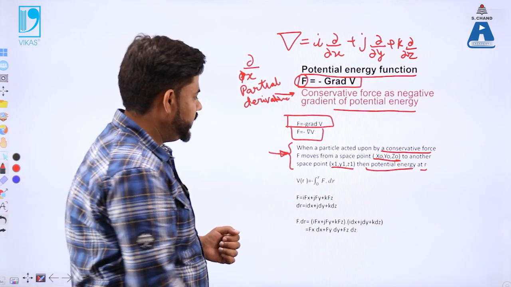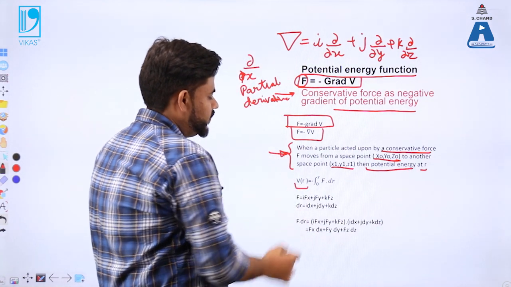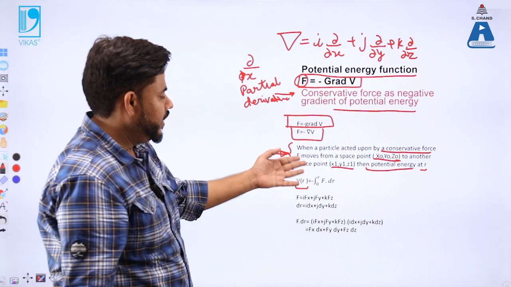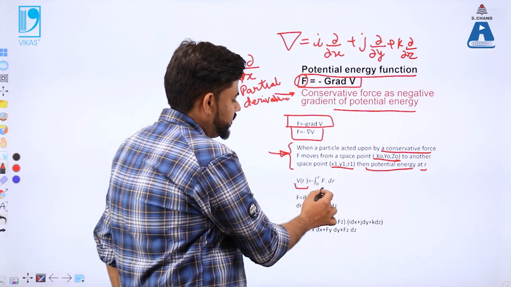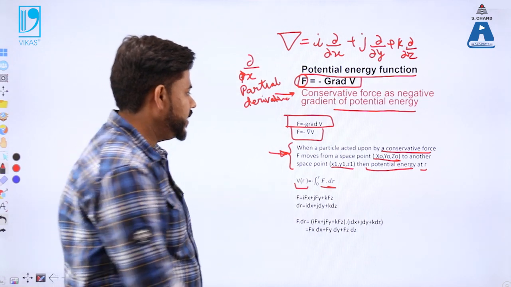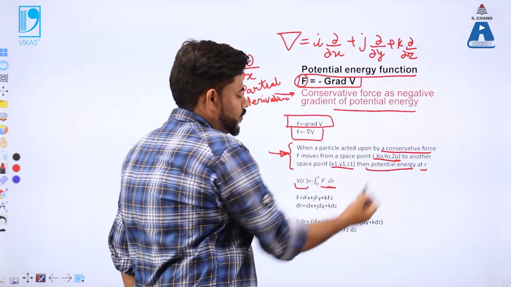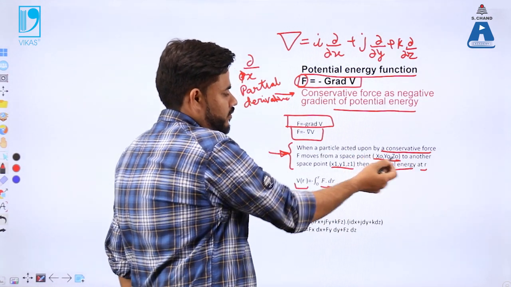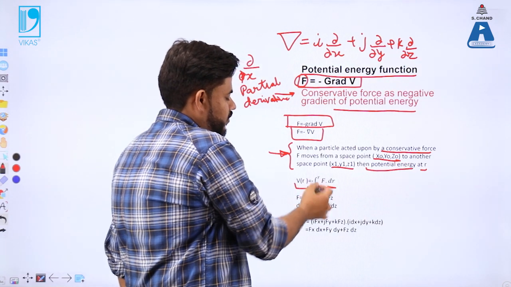So on solving, we have the formula of potential energy, which is the negative integral of F dot dr. This is a product of F multiplied by dr, and it has to move from location 0 to location r. So 0 to r is the limit.